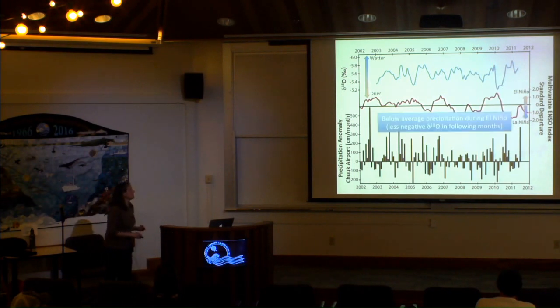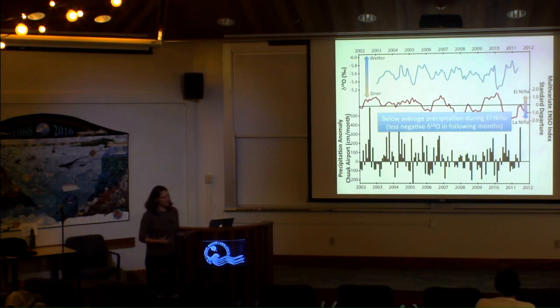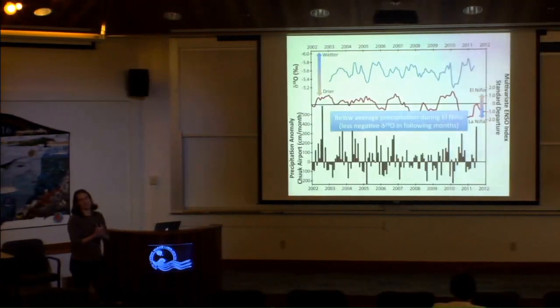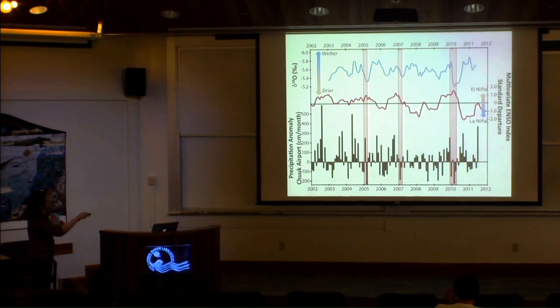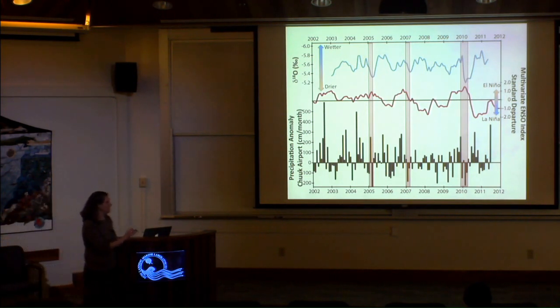And you can see here that during your El Nino months, when you have drier conditions, you actually do tend to see less negative O18 values. So here's a couple of the El Ninos within this time period, and we're seeing these less negative values. Those tend to be some of these drought years in Chuuk.